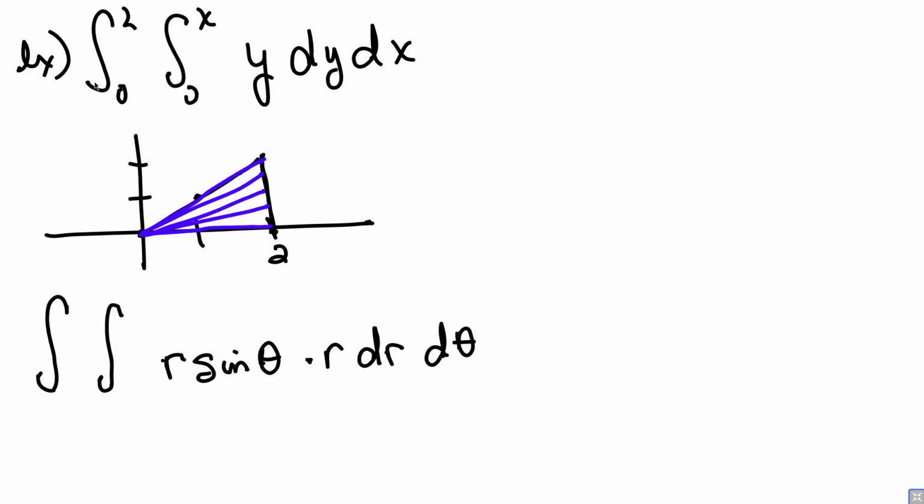Okay, so r is starting off at 0, but as it changes, what it's going to end up being is an equation for this line. So when we do this, we have to be careful.